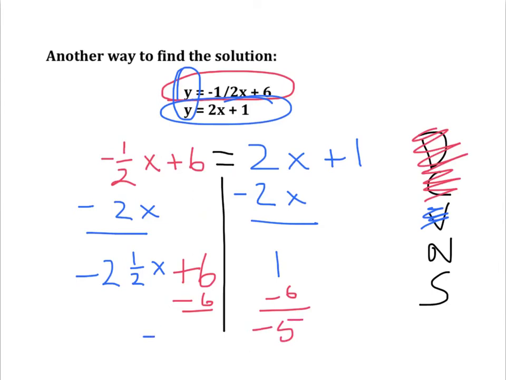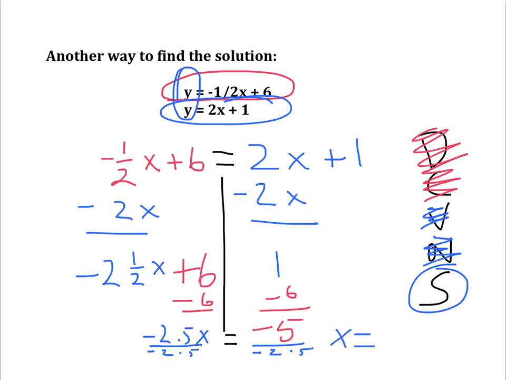So negative 2.5x equals negative 5. If we divide, that's our simplify right here. If we divide both sides by negative 2.5, we find out that x equals 2.